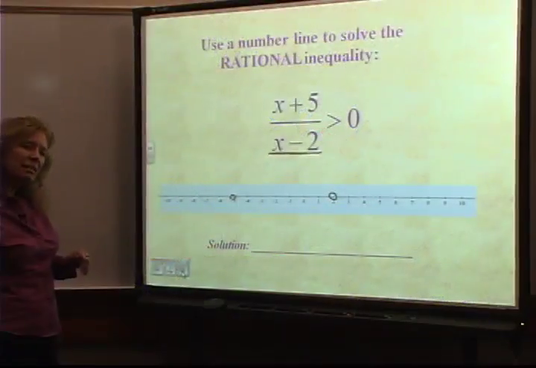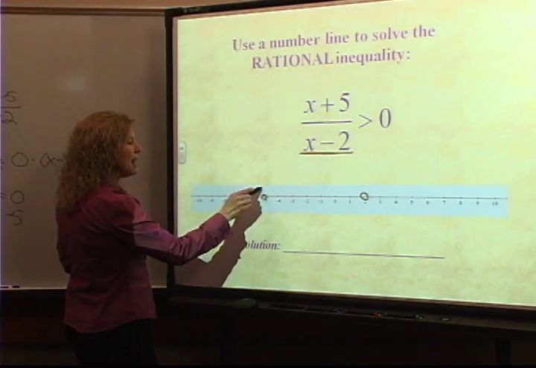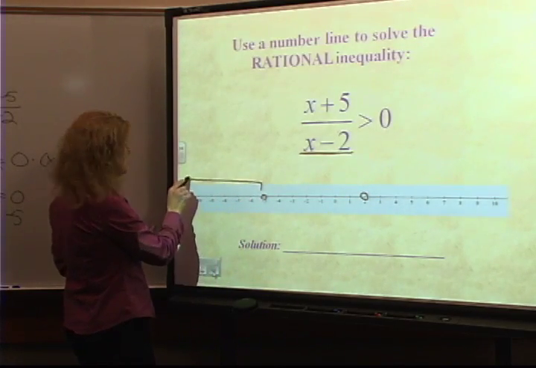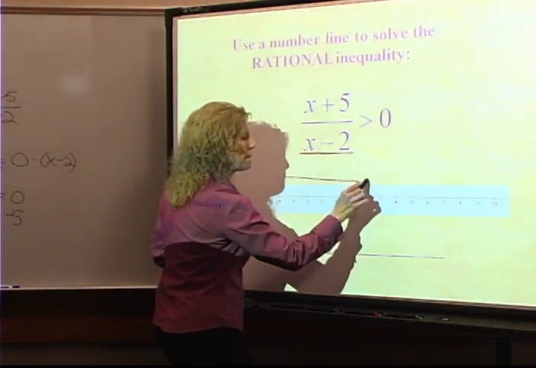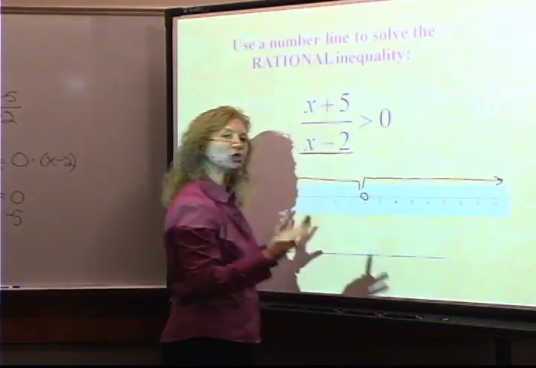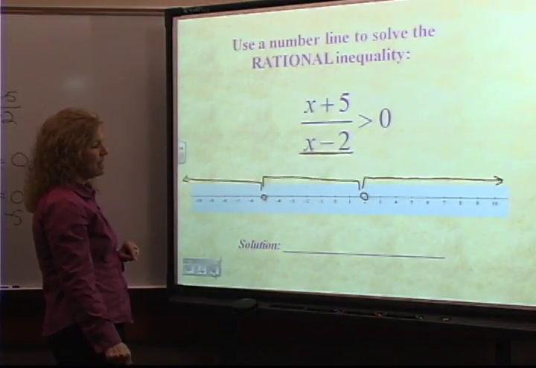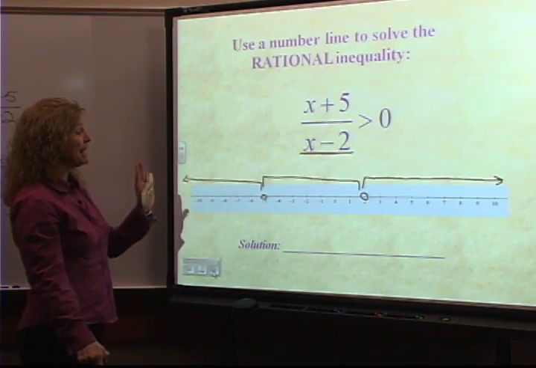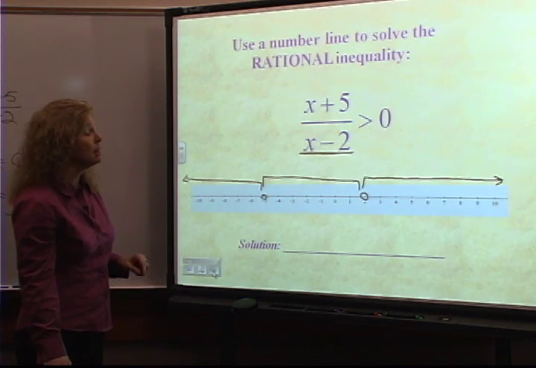Now, the only thing left to do is to realize that my number line has gotten split into 3 sections by these 2 points of concern, okay? And all I need to do is pick a value in each of those 3 sections.